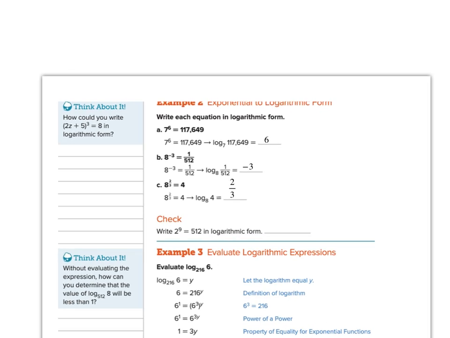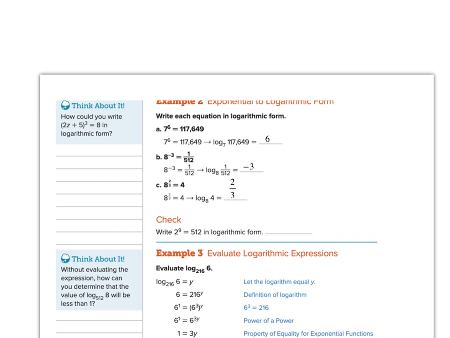Again, here going from exponential to logarithmic form, being able to identify this is my base and this is the exponent, so that is what we're equal to. So 7 raised to some power is equal to that number.